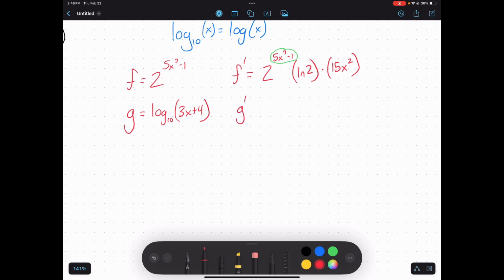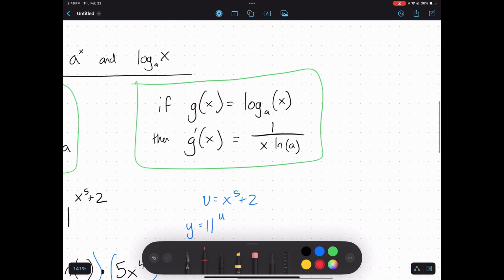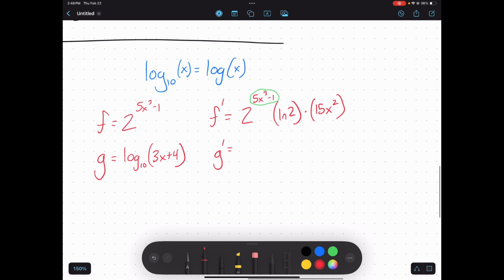What about my second function? Well, this one requires me to use this rule, because I have log base something other than e. I have log base 10. But I also need to use chain rule, because I have a function inside of my log function. So what is that going to give me?